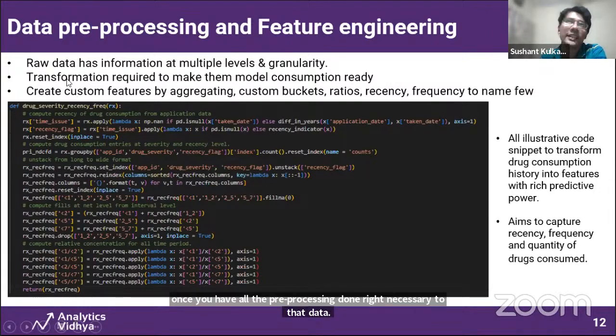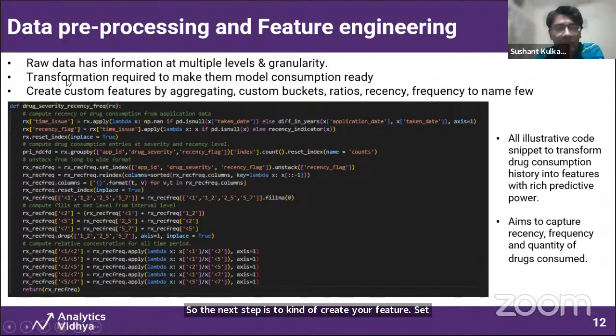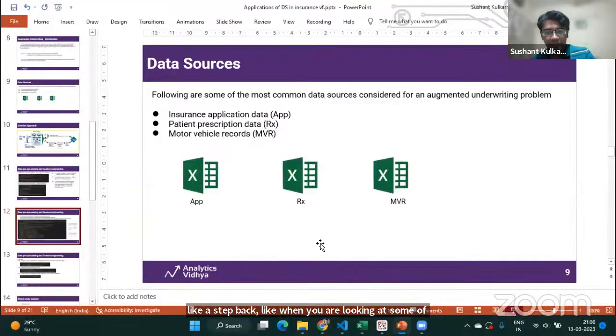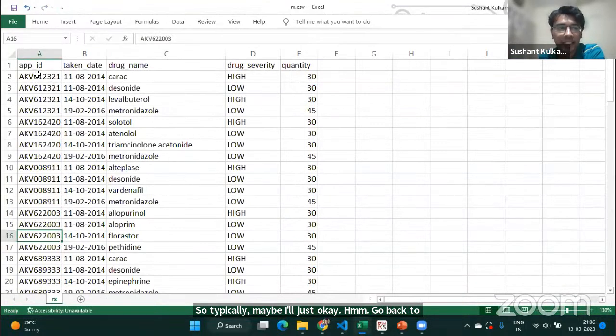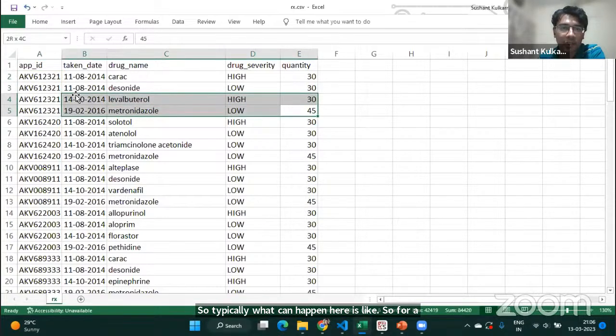So if we take a step back, when we were looking at some of the data, like your RX or MVR data, right? So typically, maybe I'll just go back to that. Typically what can happen here is, for a single person, an application ID, you will have multiple rows of information.